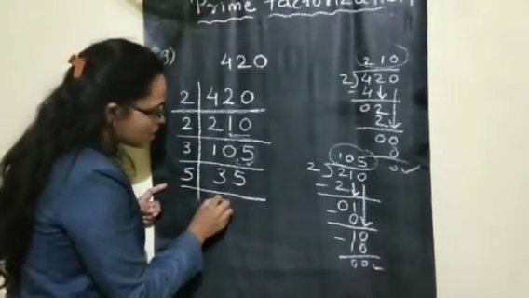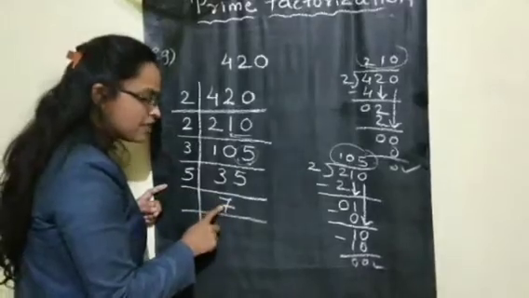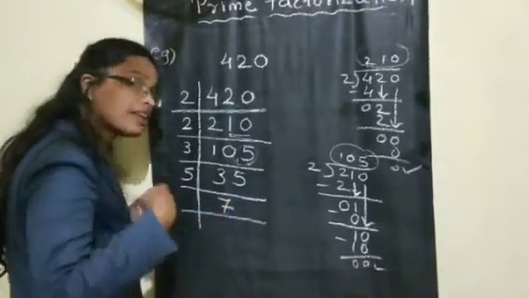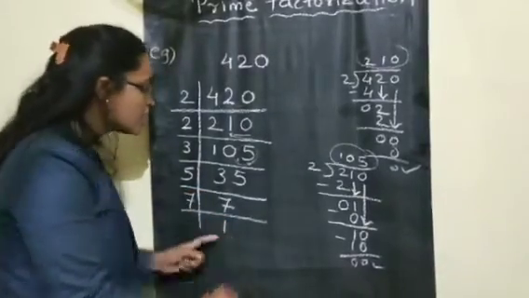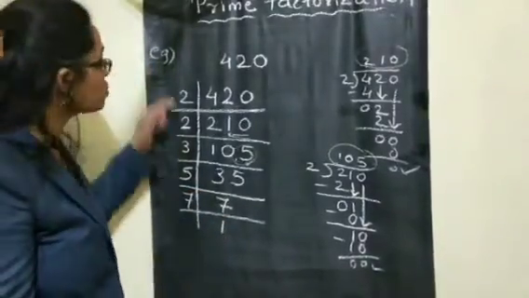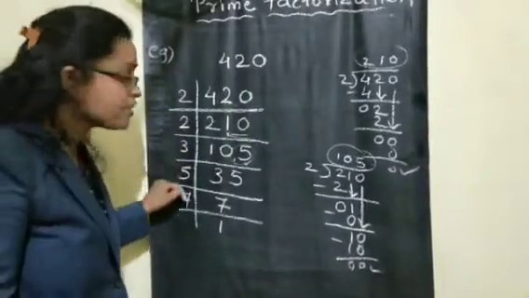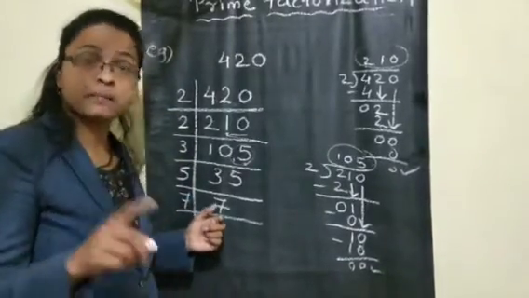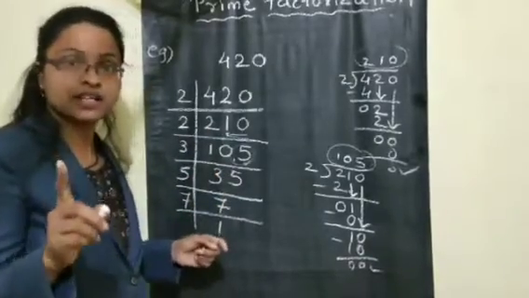5 7s are 35, children. Now can you divide 7 by 5? No. Then go for the next prime number 7. 7 1s are 7. Till you get 1 here, you have to go on dividing with different prime numbers. But the division should always be exact. The remainder should be 0.